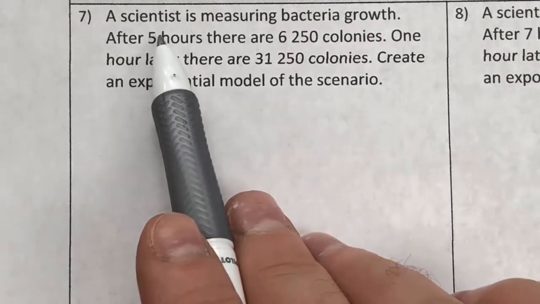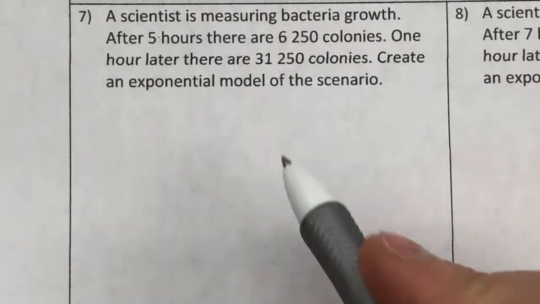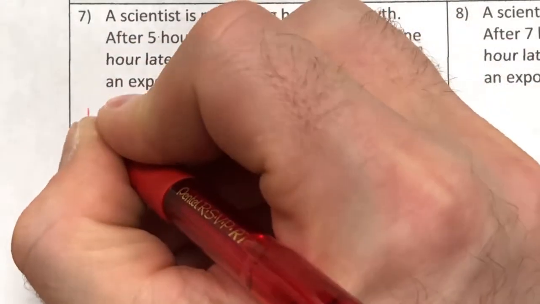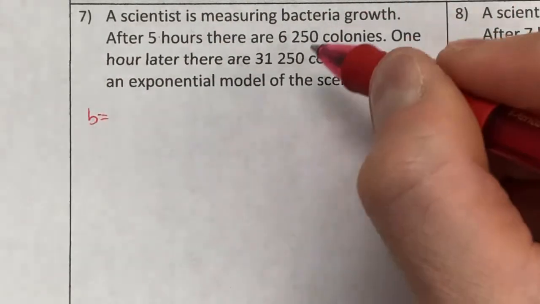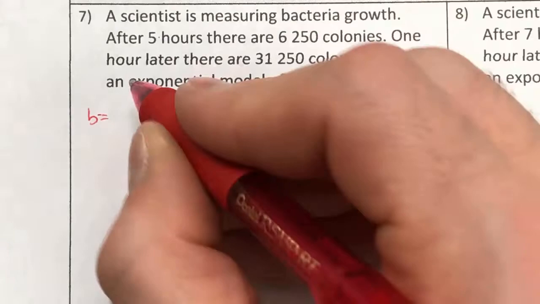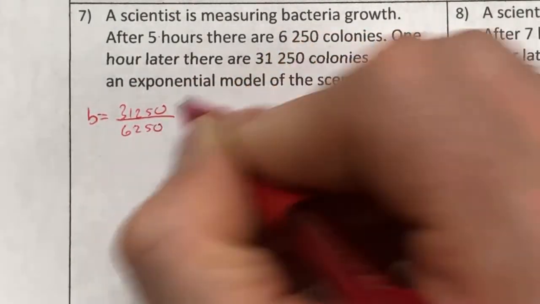So what I notice is that 5 hours and 1 hour later, I have consecutive hours here. So I can almost treat this like a coordinate, which means that I can say my B value is going to be equal to whatever that divided by that is, and that will give me my hourly growth. So 31,250 divided by 6,250.